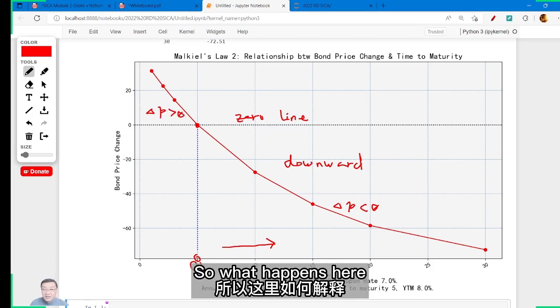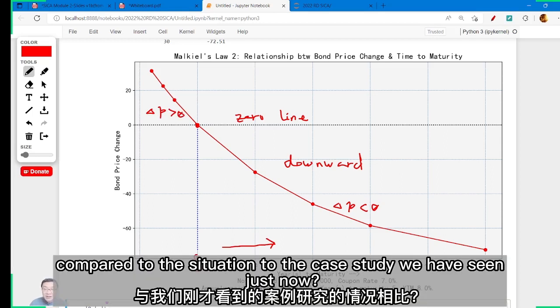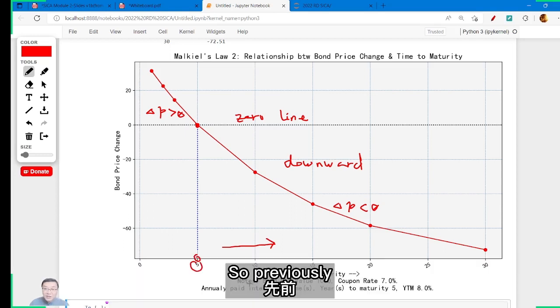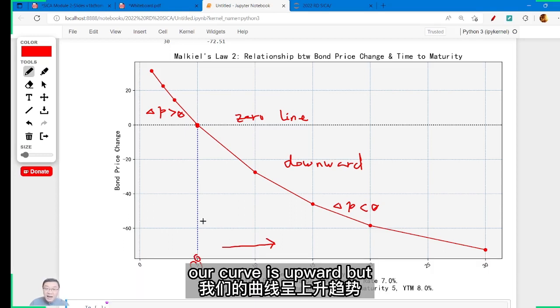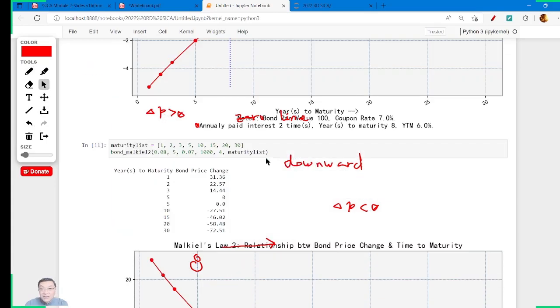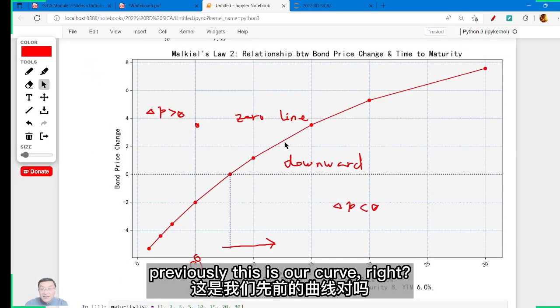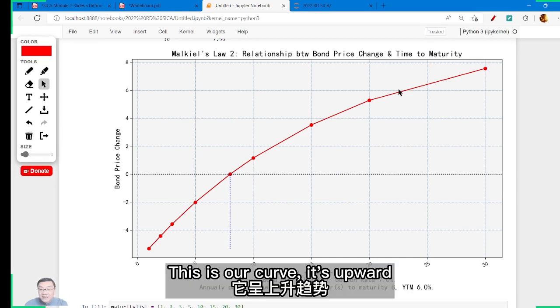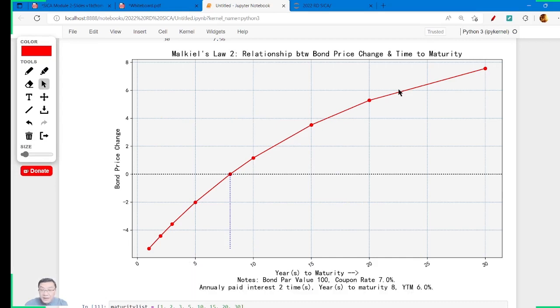So what happens here compared to the case study we have seen just now? Previously our curve was an upward one. You can see previously this is our curve, right? It's an upward one.